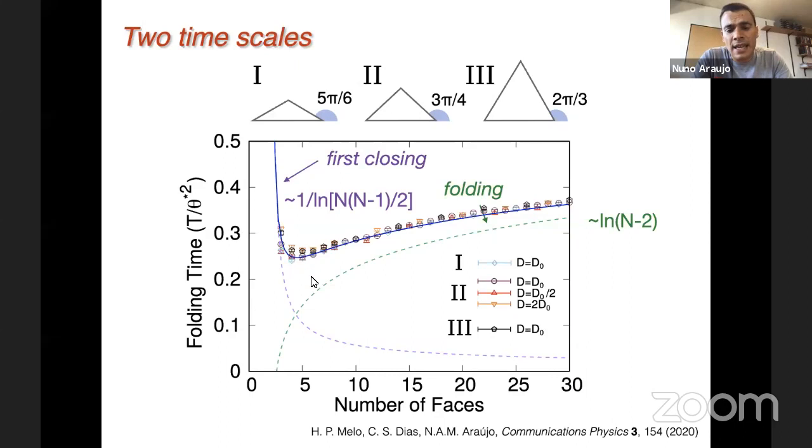And we can see that if we rescale time by theta star squared, where theta star is the closing angle, and squared because we are looking at a diffusive process, as a function of the number of faces, and if you properly scale based on the diffusion coefficient, because the diffusion coefficient is also only changing the time scale, what we see is that we have a data collapse of all the data points for the different structures, with the minimum always at values of the number of faces around 5.